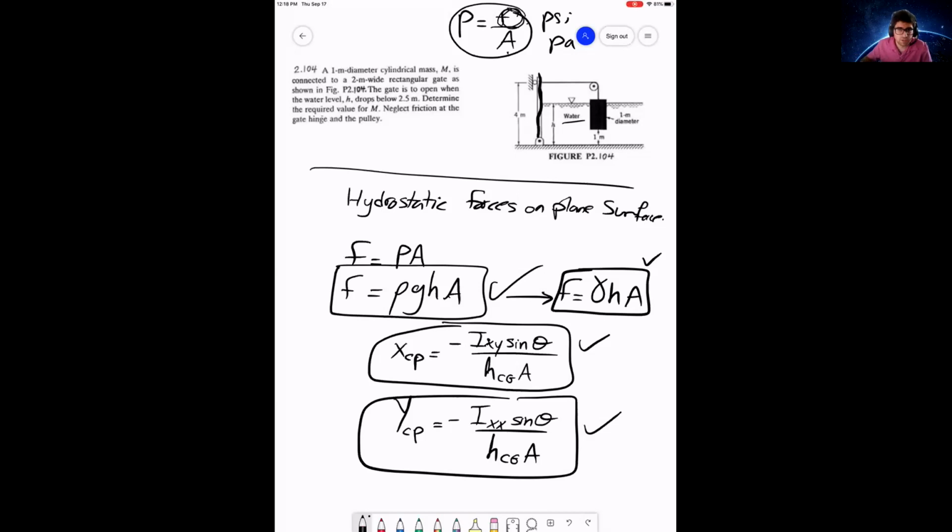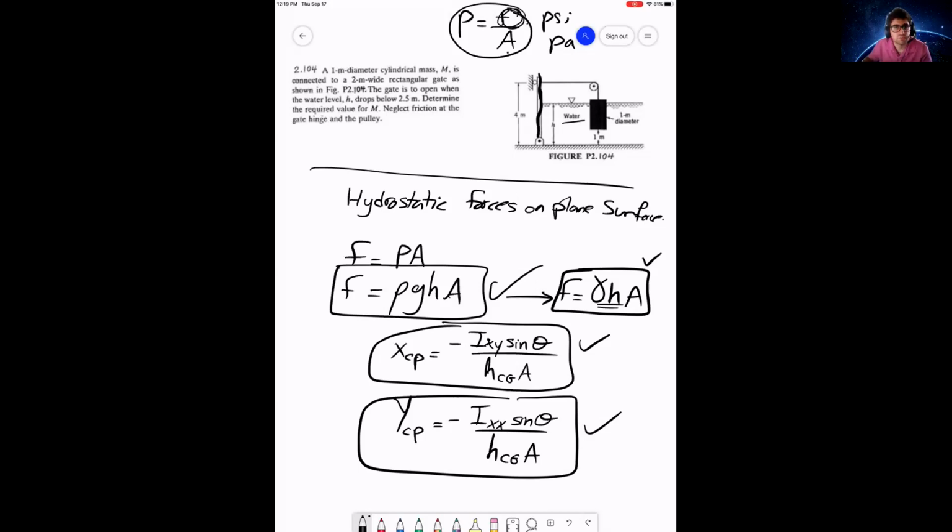These three formulas are for when you're dealing with gauge pressure. We're not dealing with any atmospheric pressure. This is mainly just for gauge pressure. Because what is gamma h right here?